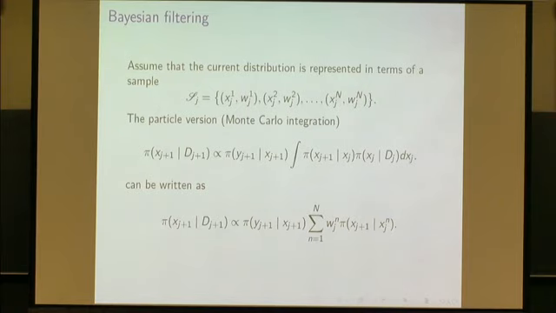We have it represented in this form, with samples and, you can think of, weights. Now we take the formula which gives us the probability of x_{j+1} conditional on d_{j+1}, and we replace this integral by this summation, so we're approximating the integral.